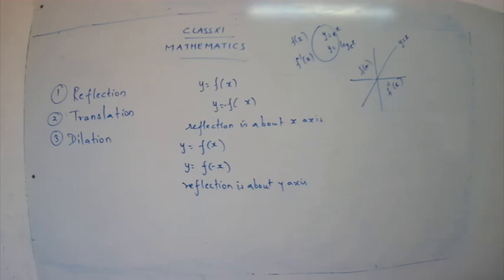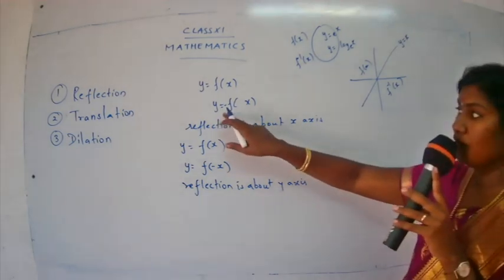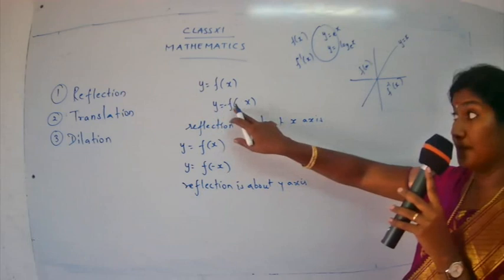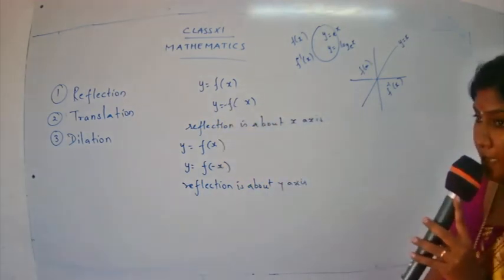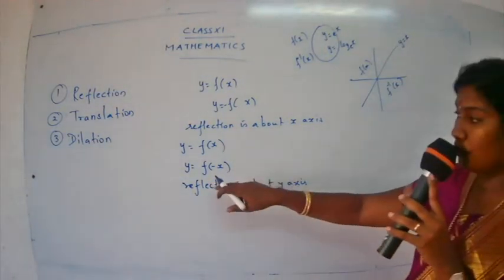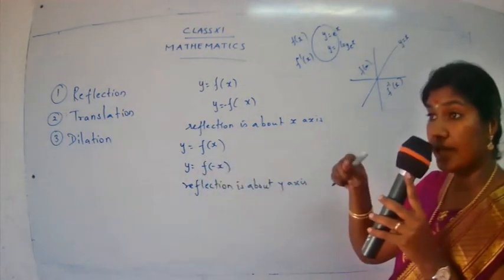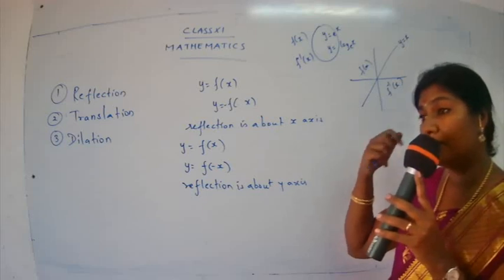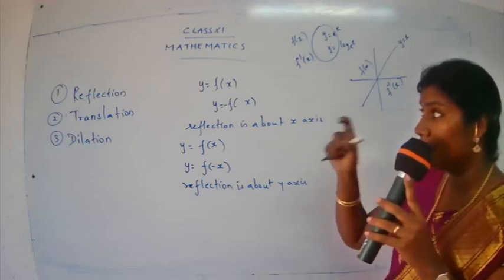If you have a function y is equal to f x, and you are asked to plot y is equal to minus of f x, then the reflection will be about the x-axis. And if y is equal to f x, and you are going to plot y is equal to f of minus x, you may think ma'am is saying the same thing, but listen to the words carefully.